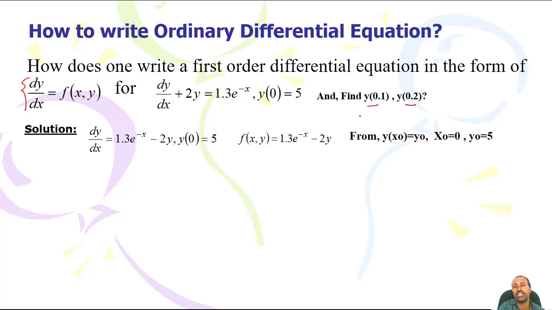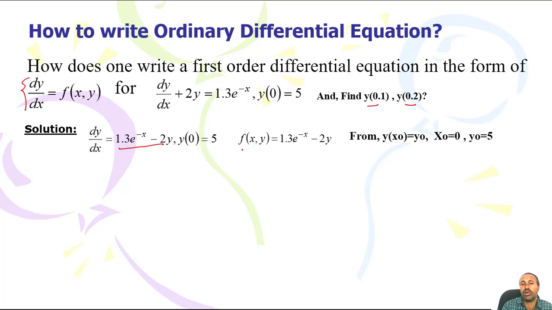You can apply either Euler's method, etc. So the first step in the solution is to just rearrange: bring dy by dx to the left side and the expression to this side. So this is the expression, 1.3 e to the power of negative x minus 2y. y of 0 is the initial condition, equal to 5.